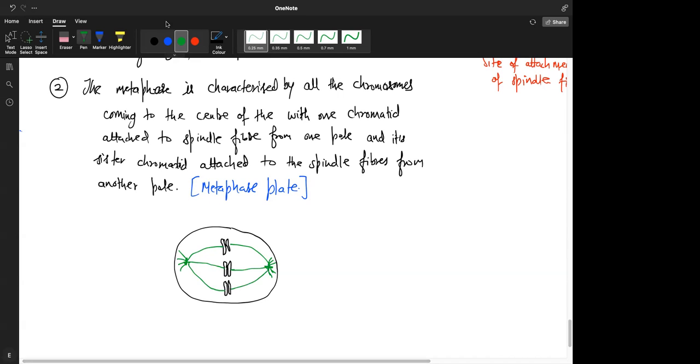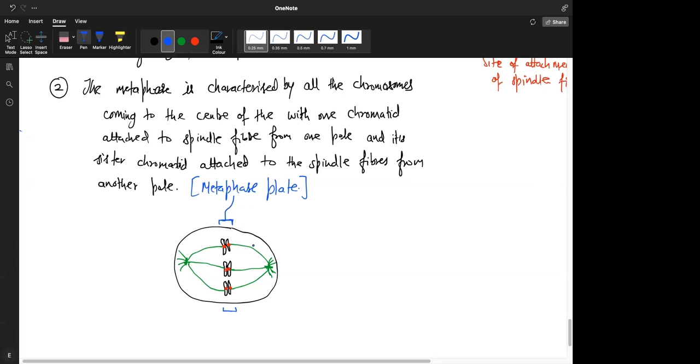You understand what's happening? Towards both the sides, there are kinetochores on the centromere. And now when they will be pulled apart, the sister chromatids will separate. So this is called metaphase plate. Can you see that it's like a plate? This is called metaphase plate.